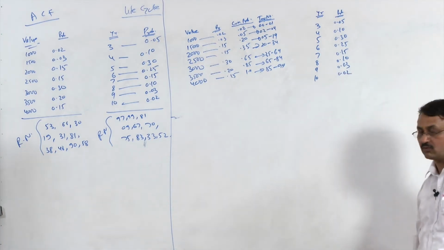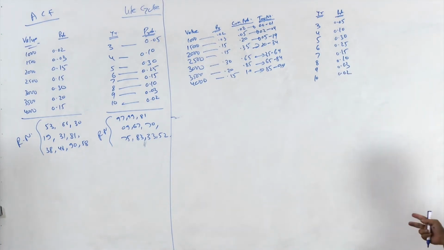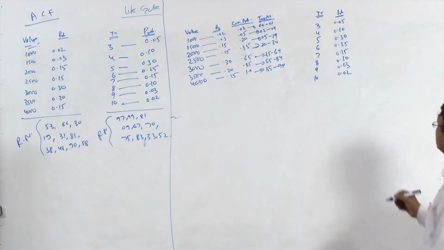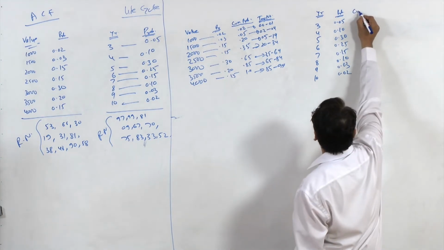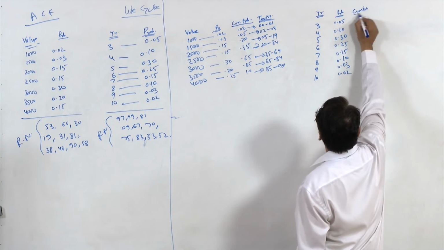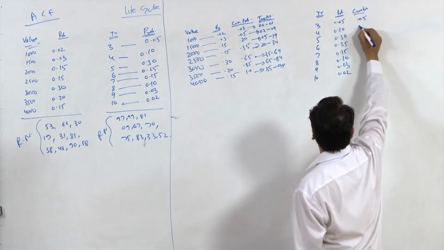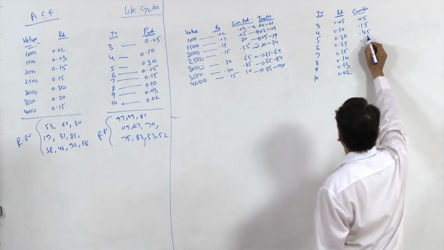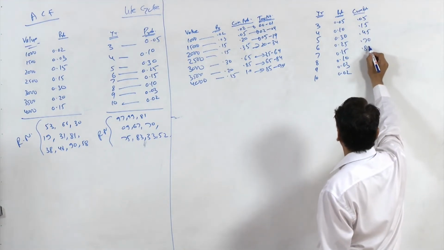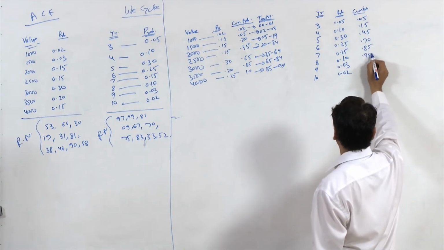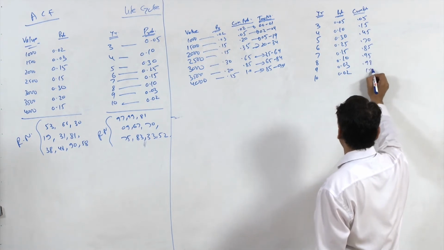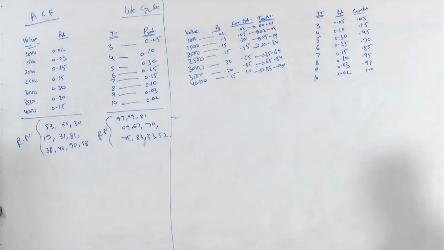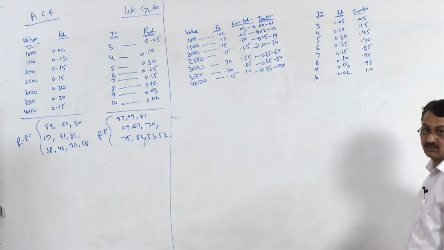Now what is the next step? We need to find out cumulative probabilities, right. So cumulative probabilities 0.05, 0.15, 0.45, 0.70, 0.85, 0.95, 0.98 and 1.0, right. Similarly, now assign tag numbers for life cycle also, right.